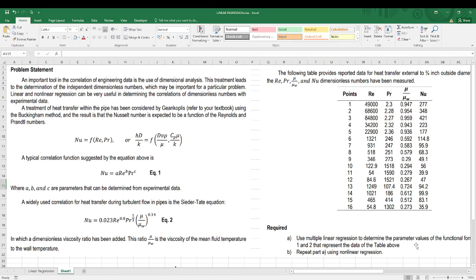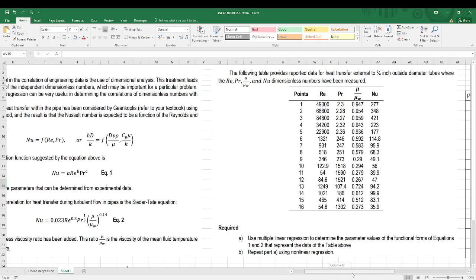This is just the same as equation 1, but since you are considering turbulent flow, there is an additional variable, which is the viscosity ratio, no, of the mean fluid temperature to the wall temperature.